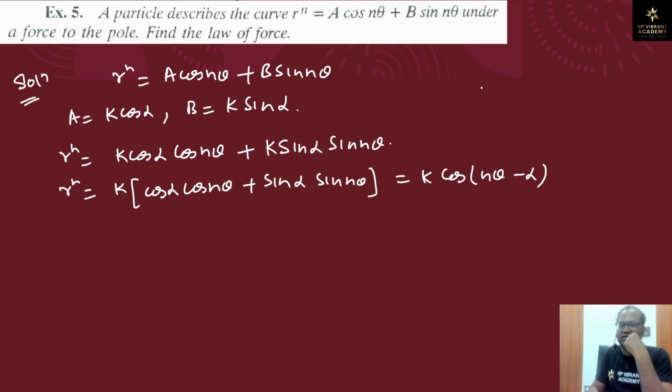This we can write as, okay, let us use the expansion of cos(a minus b). So from here, let us put r is equal to 1 upon u. So this is equal to 1 upon u to the power n.